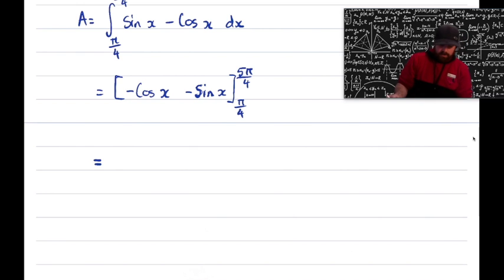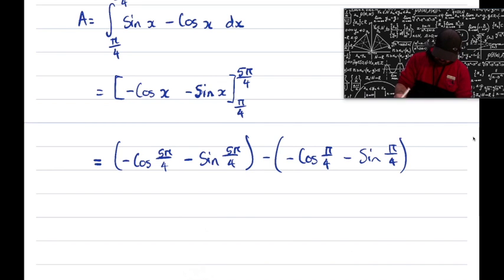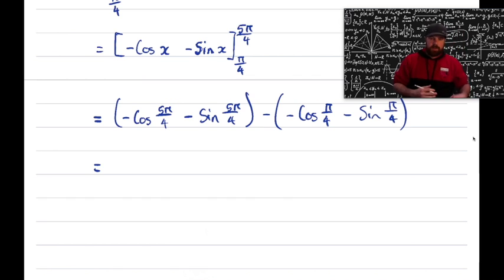which is going to equal, in our first bracket, minus cos of 5 pi over 4 minus sine of 5 pi over 4, minus cos of pi over 4 minus sine of pi over 4. Alright, and now let's be really careful with our negative signs here.